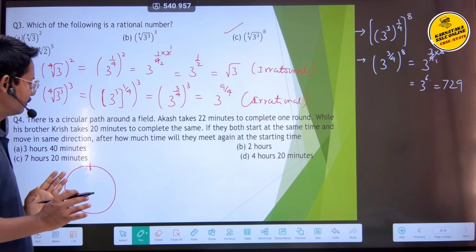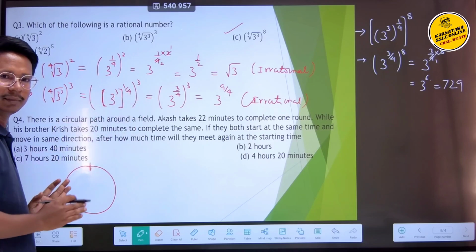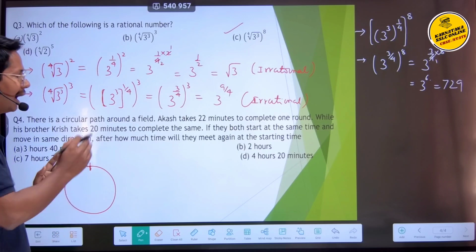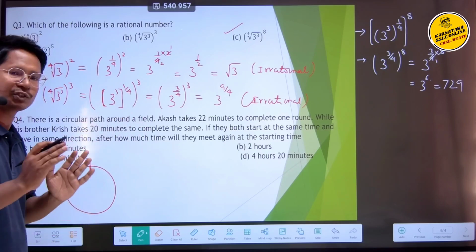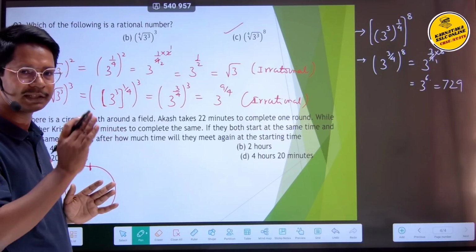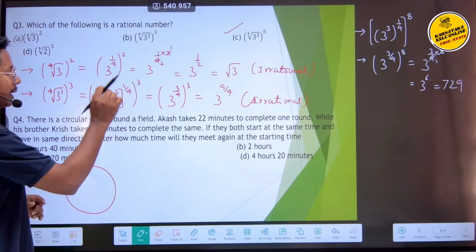See, we know they are not going to meet at the 22nd minute. They are going to meet after 22 minutes only. After 22 minutes means it must be LCM. Because when we find LCM, the LCM value will be either equal to or more than the greatest value.